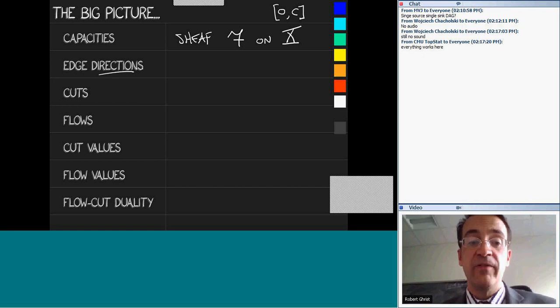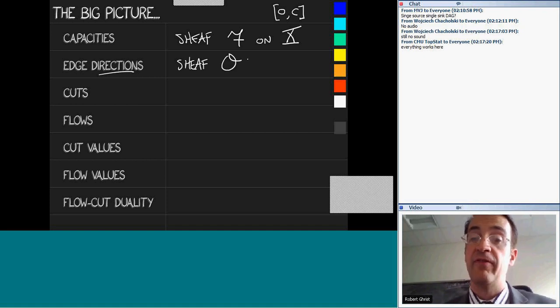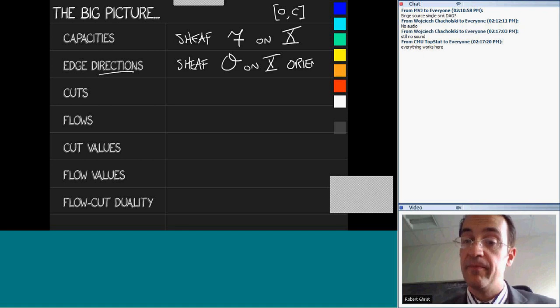One of the annoying issues is that the edges are all directed. How do we encode that? We have to have some sort of directedness to our sheaves. That is encoded as a sheaf on X, but really an orientation sheaf.